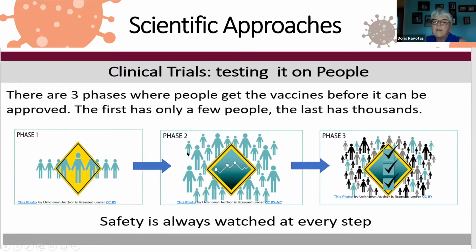And then moving into phase 2, and then again, you're having a larger group, and then you're ending up with the phase 3 that has thousands of people that are being tested on, and making the point always that this is long before it gets any kind of approval. So really looking at that step by step, and how safety is watched at each step in the process.